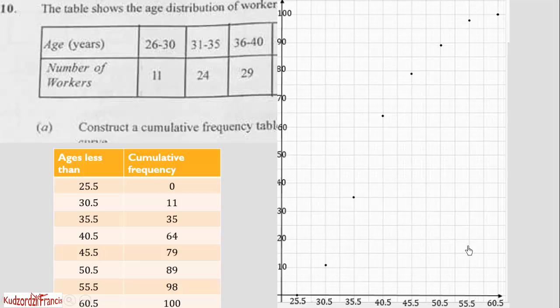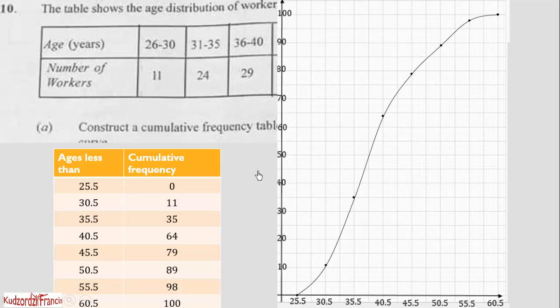Then 55.5 goes with 98. Then 60.5 goes with 100. So that's the points that we have plotted. So the next thing is to draw a curve through all the points. So this is the cumulative frequency curve we are looking for.